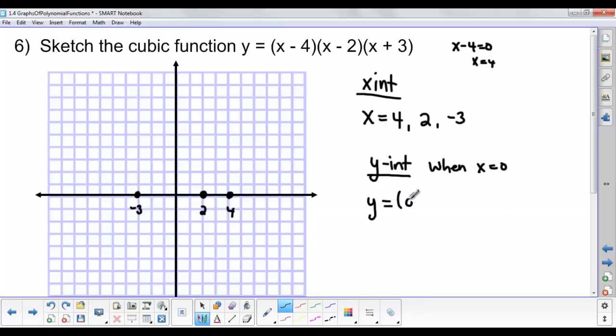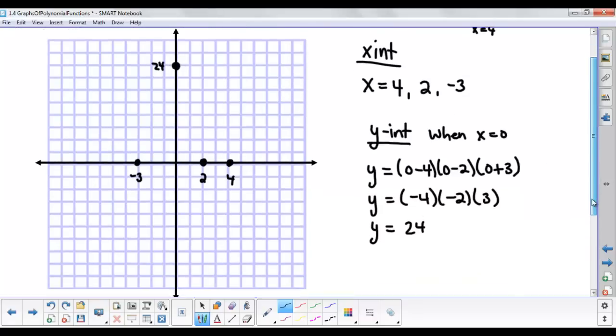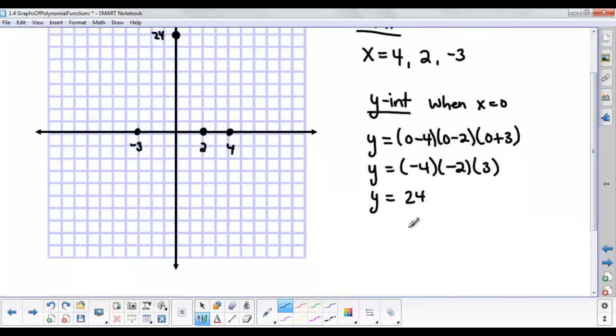If I sub in 0, we have 0 minus 4, 0 minus 2, and then 0 plus 3. When we simplify, we really end up with a negative 4 times a negative 2 times positive 3, telling us our y-intercept is at 24. And because this is a sketch, as long as you label everything, that would be fine. And the final thing is the end behavior of the graph.